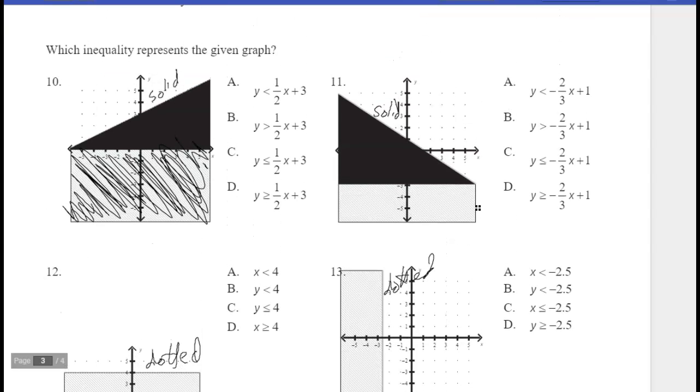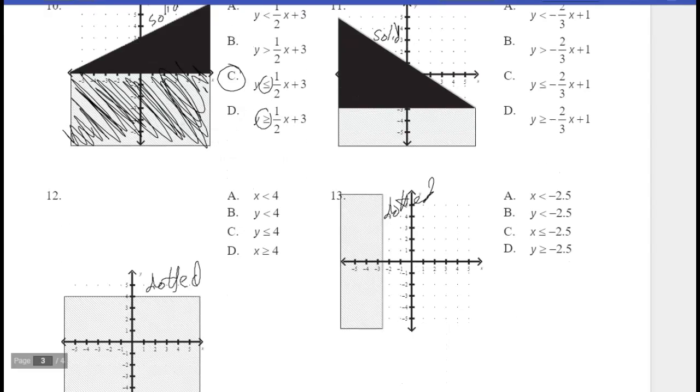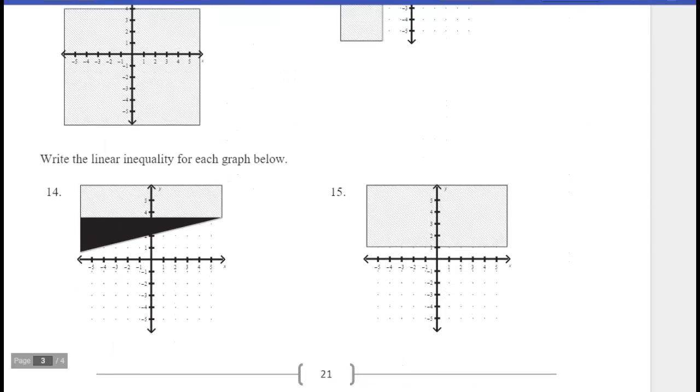So since this is solid, it's going to be this one or this one. So if you're taking your test, that's what you would be looking for. And then we are less than because it's below, so C is my correct answer. So I want you to go through and look at 11, 12, and 13 because those are important getting ready for your test.